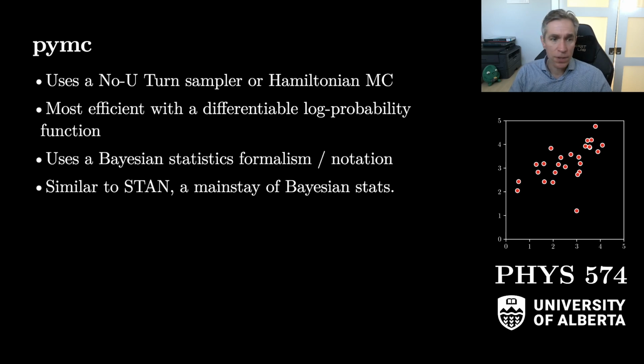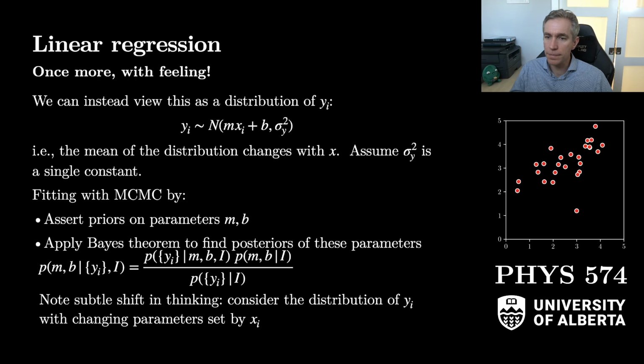The approach that we want to take is to use this Bayesian formalism and notation to take advantage of the PyMC framework. It's very similar to another package called Stan, which is like core Bayesian statistics.